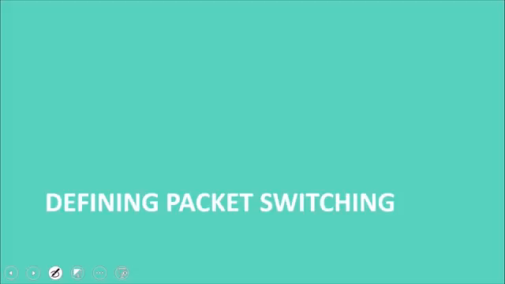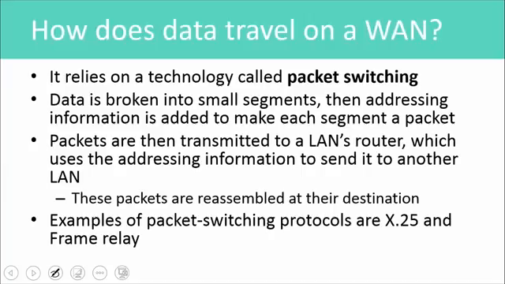All right, and the internet in general, LANs, they use a technology called packet switching. And packet switching means that the data is broken into small segments, and then addressing information is added to each segment in order to make it a packet. And then from there, routers transmit packets across networks from one LAN to another, right?